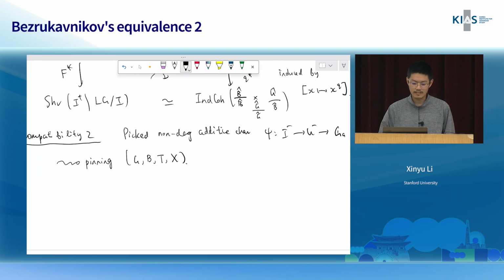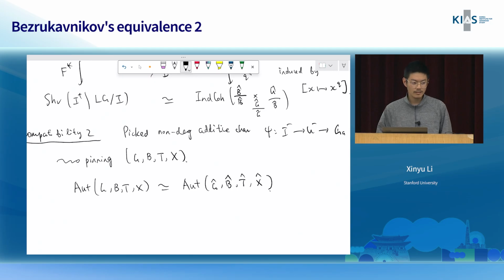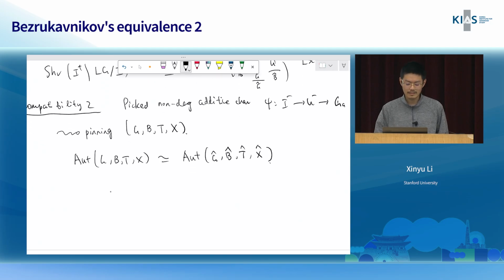And there's a canonical isomorphism of pinned automorphisms on both sides. So if I have a pinned automorphism gamma on the automorphic side, it naturally corresponds to something gamma hat on the spectral side.